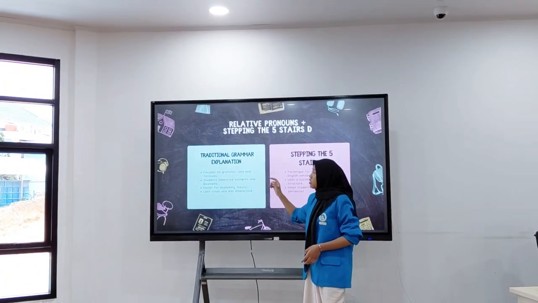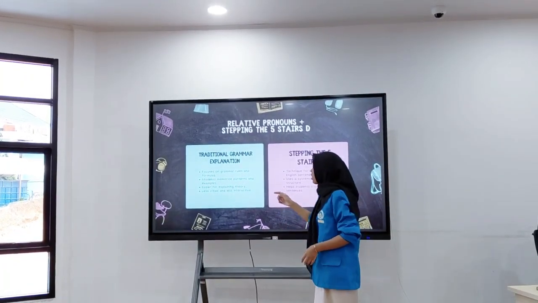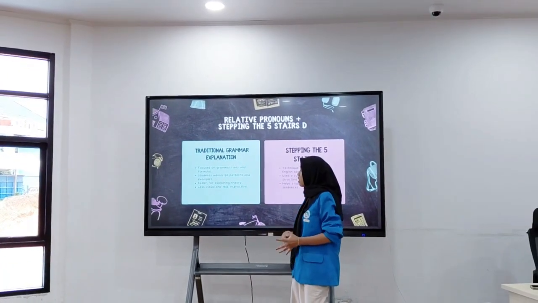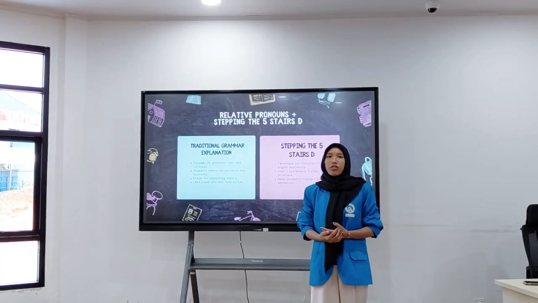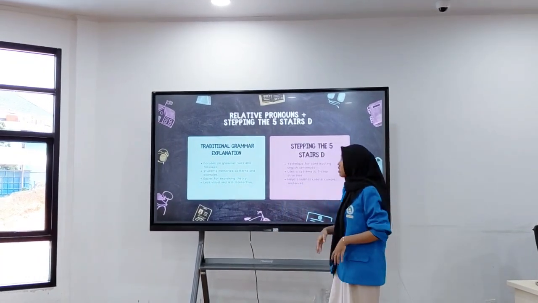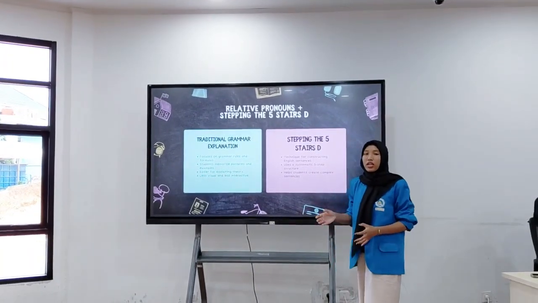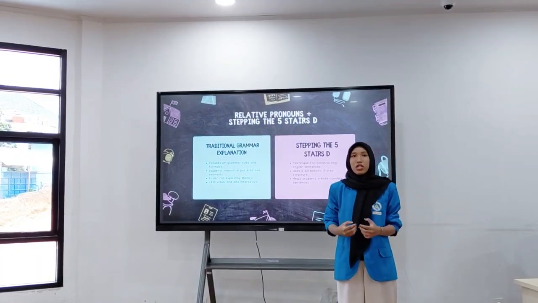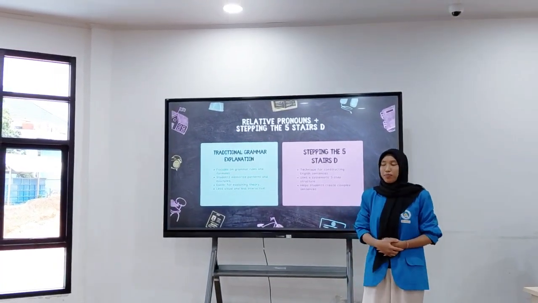Students memorize patterns and examples. It is easier for explaining theory, but less visual and less interactive. Meanwhile, Stepping the 5-Star D is a systematic 5-step technique that helps students create complex sentences more easily.